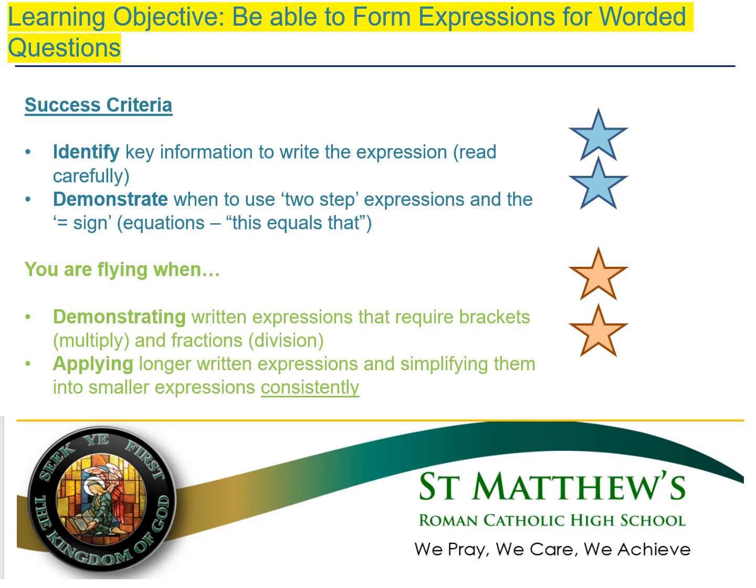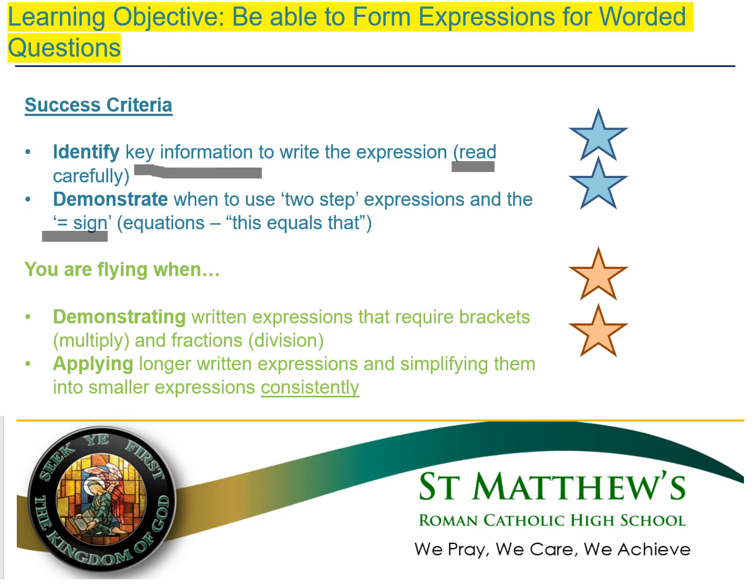Okay, so success criteria. We want to identify key information to write expressions, so we want to be reading the questions carefully. And then we're going to demonstrate when to use two-step expressions and the equal sign.